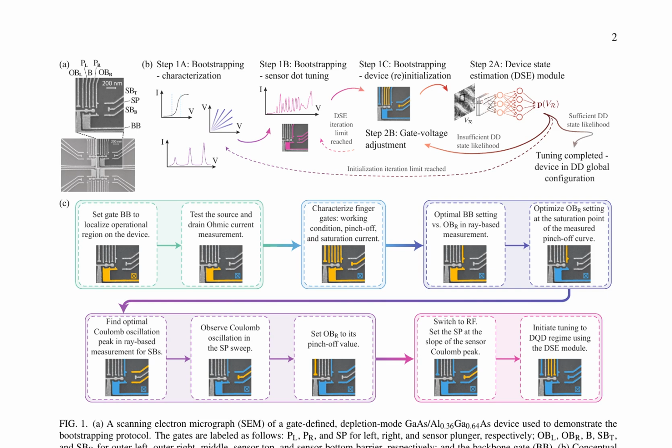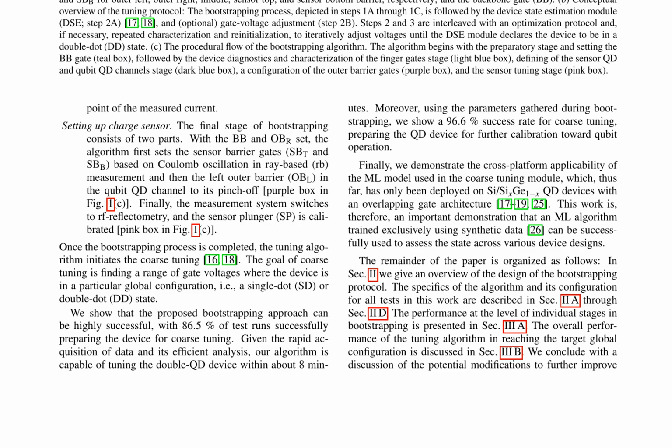The algorithm starts with the device architecture and flow, then details each stage, including sensor setup, sensor barrier gate tuning, and outer barrier gate configuration. An optional gate voltage adjustment step refines the device configuration. The authors demonstrate an 86.5% success rate in preparing the device for coarse tuning and a 96.6% success rate in coarse tuning, which prepares the QD device for further calibration toward qubit operation.